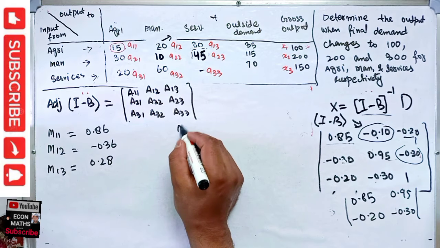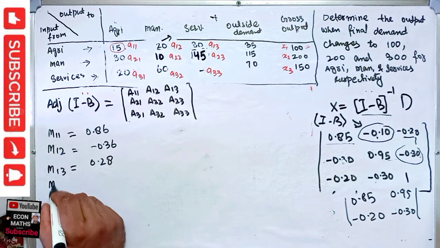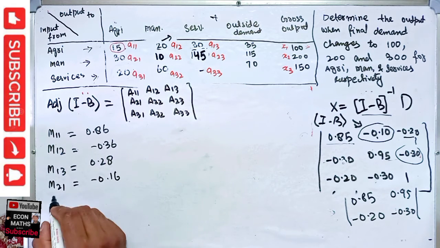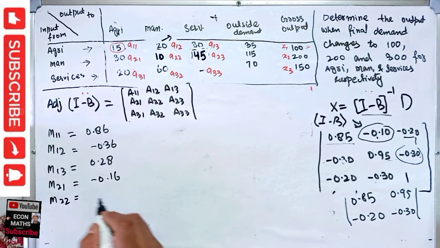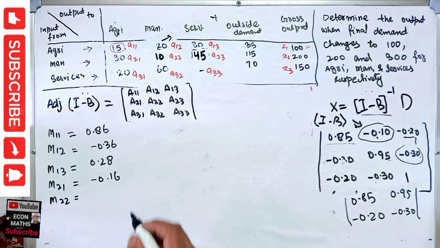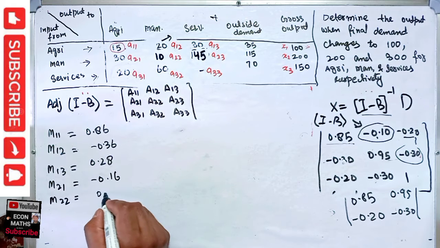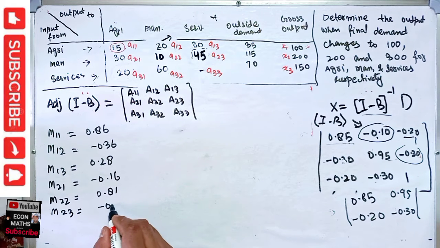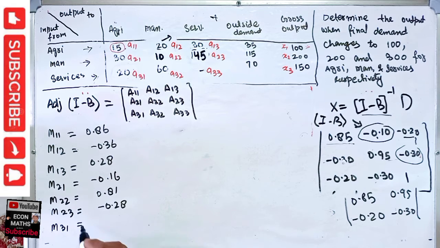Similarly we have M21, which is equal to minus 0.16, M22 was equal to 0.81, M23 which we got minus 0.28. Okay, similarly we have M31.